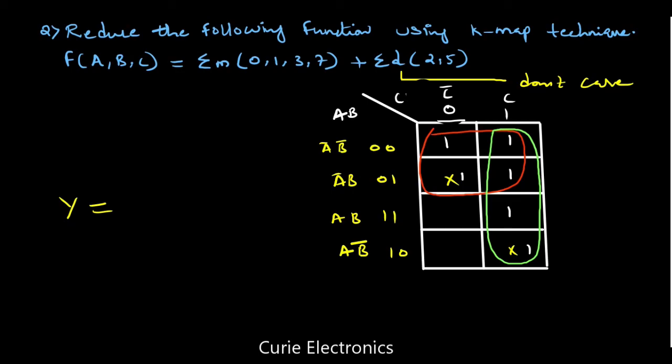Which rows are coming? A bar B bar, A bar B. So B cancels, A bar will be left, the column-wise both will cancel. Or now what about the green one? So all rows are involved, so A bar B bar completely cancels, C will be left out. So output expression is A bar or C.